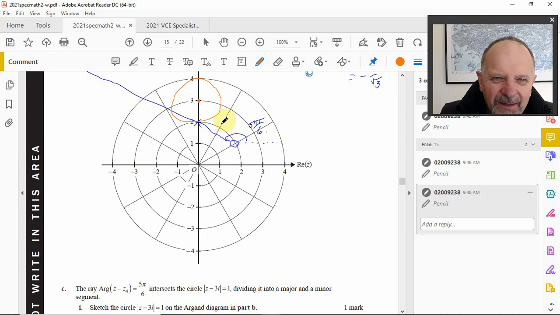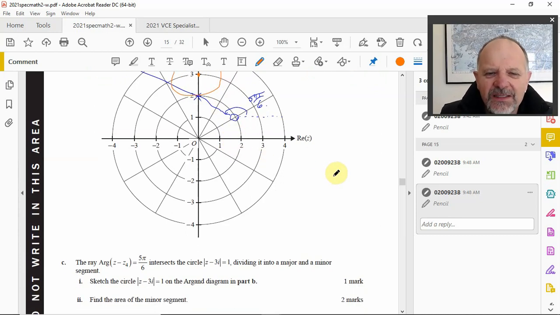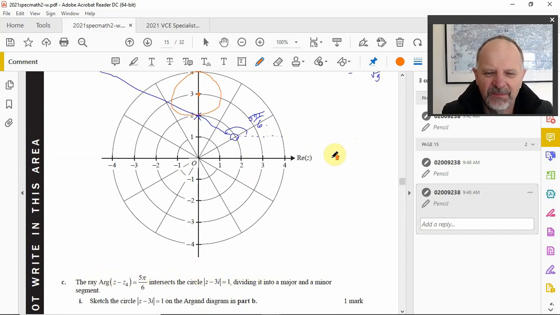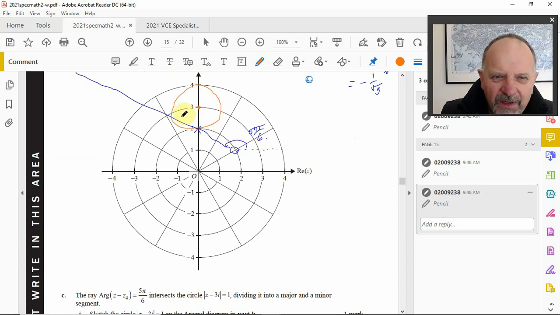So we need to think about what that is. All right, so what it says here, the ray intersects the circle, dividing it into major and minor segments. Okay, so as you can see, the ray goes through, so we've got a big part here and a small part here, so there's our major and our minor segments that we're talking about.